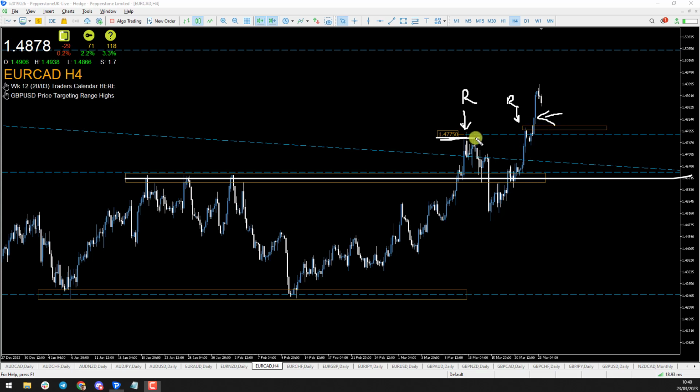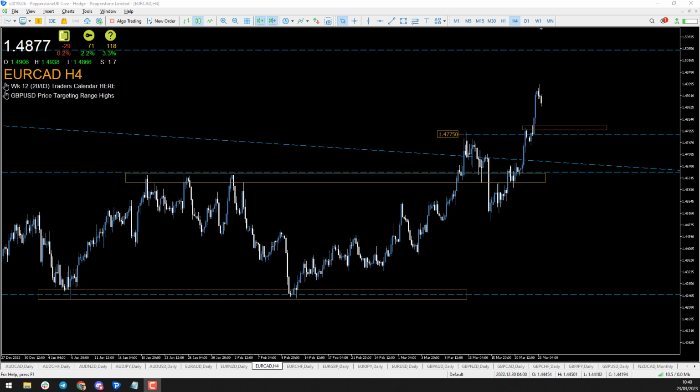So this is an area where there was some action in the market. Price has decided that it was resistance twice, and then buyers have flushed through that level.